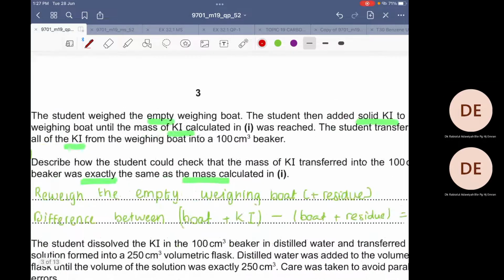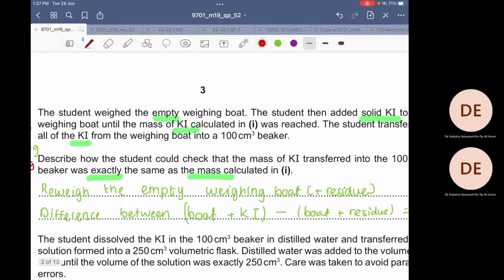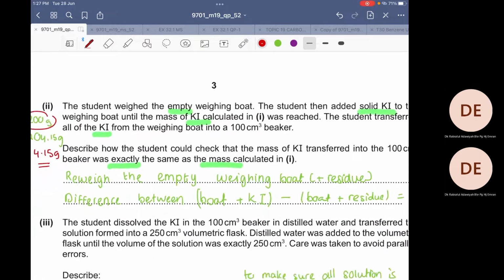So how the student could check the mass of potassium iodide transferred was exactly 4.15. First, the student can reweigh the empty weighing boat plus residue. This is after transferring all the solid.